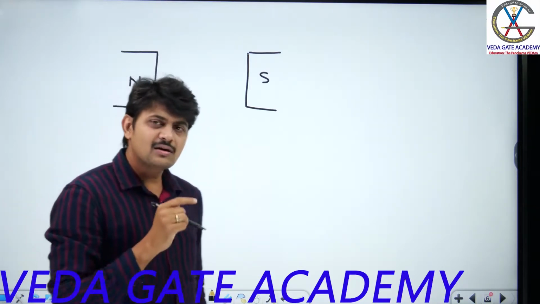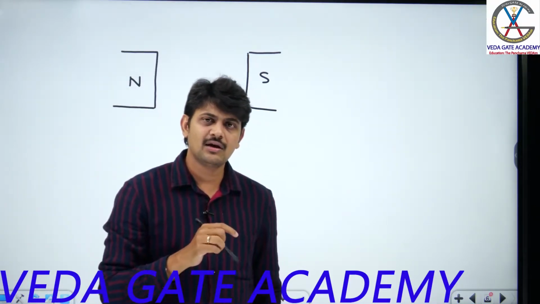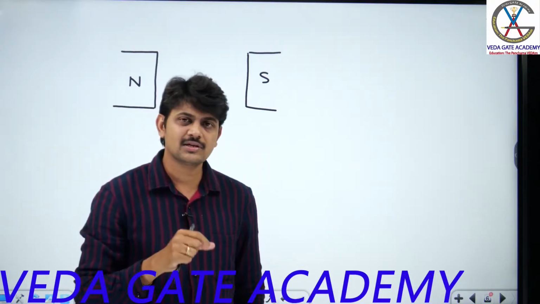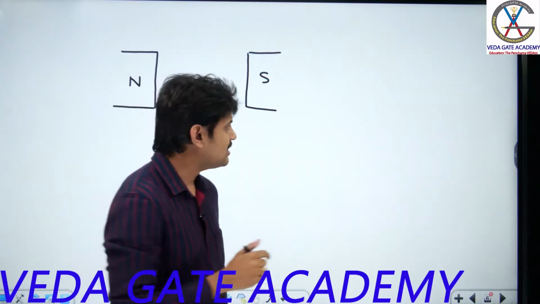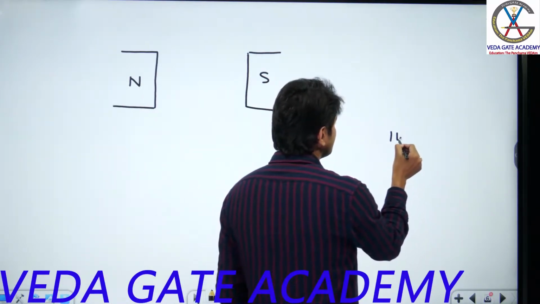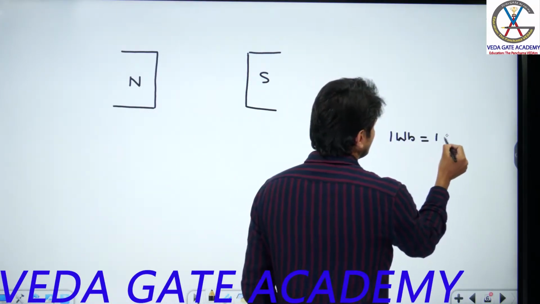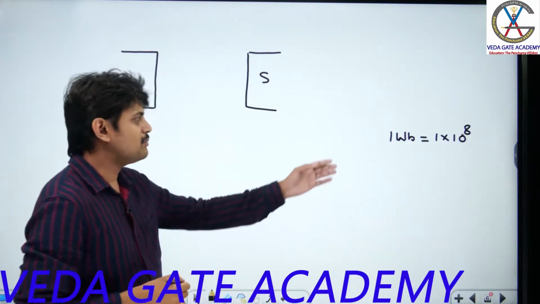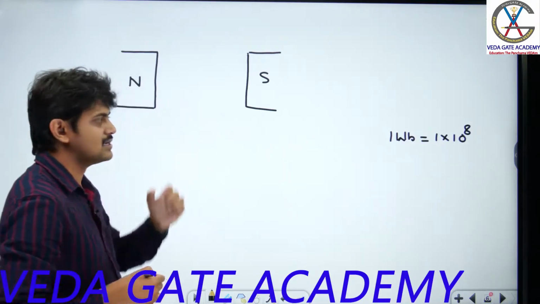Here, if I am saying the term flux, do I need to consider how many flux lines? Do I need to consider a single flux line, or 10 flux lines, or 100 flux lines? In general, for 1 Weber of flux, 1 into 10 power 8 magnetic flux lines will be produced. But we cannot show these many magnetic flux lines in the given diagram.